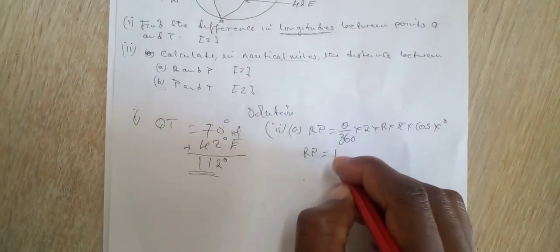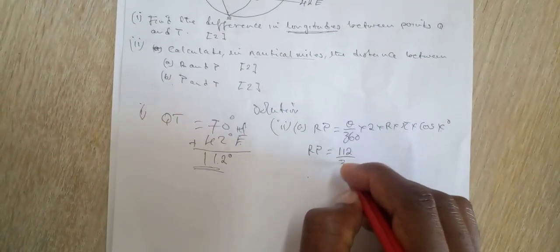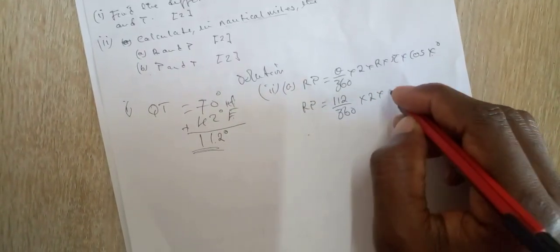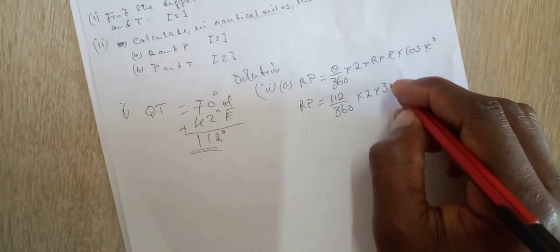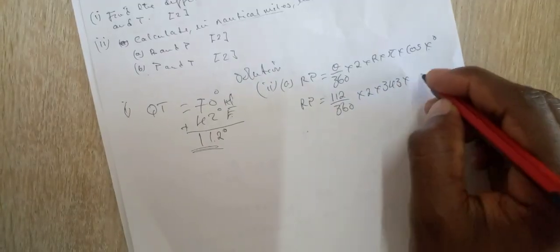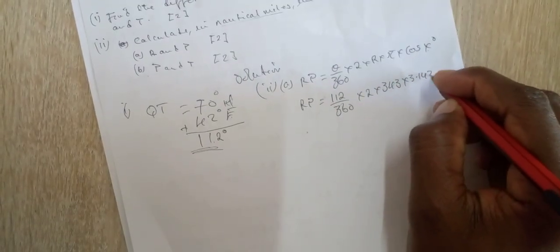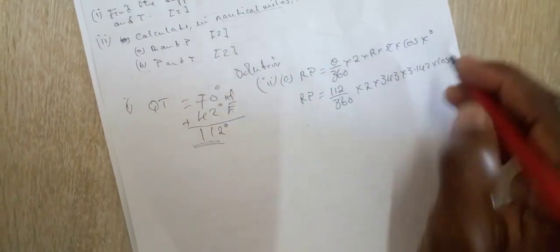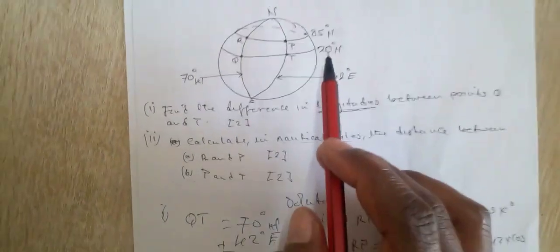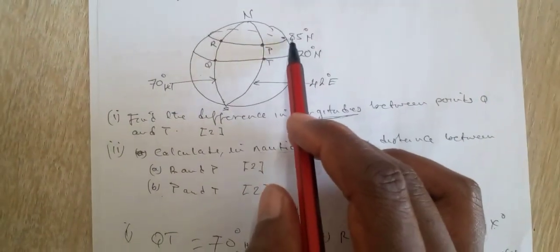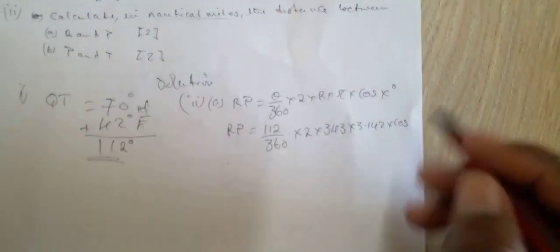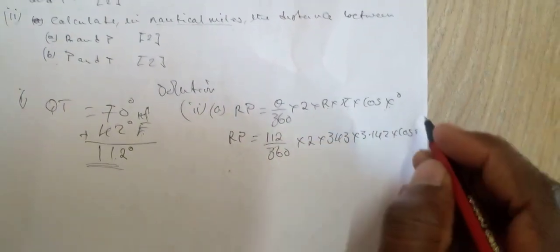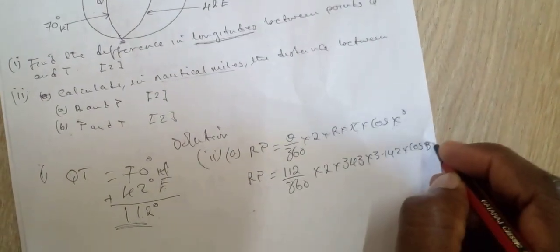So we just replace there 112 divided by 360 times 2 times, what is my radius, 3437, times 3.142 times cos. What is my x in this case? My x in this situation is 85. So this becomes cos 85.